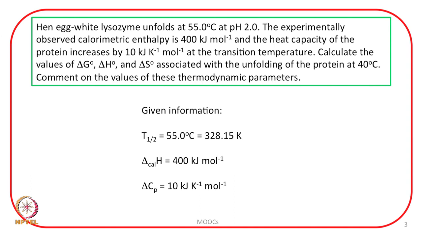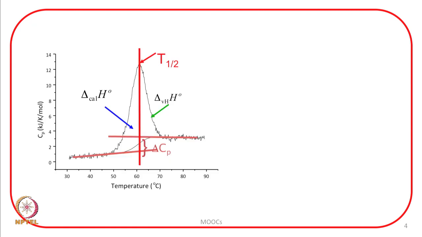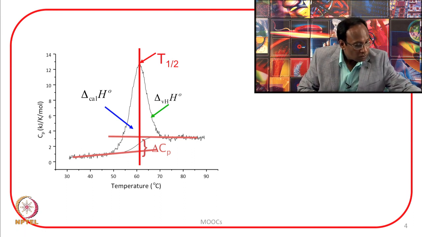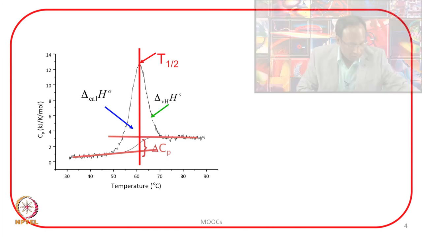Let us keep this data in mind and look at the differential scanning calorimetric profile. Let us take a look at this figure. We are given the information on T half, the value of calorimetric enthalpy, and the value of delta Cp. Now, let us do some derivation.